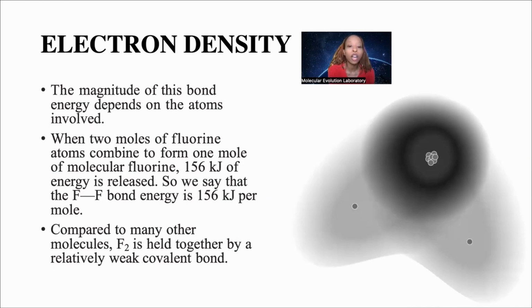When two moles of fluorine atoms combine to form 1 mole of molecular fluorine, 156 kilojoules of energy is released. So we say that the fluorine-fluorine bond energy is 156 kilojoules per mole. Compared to many other molecules, difluorine is held together by a relatively weak covalent bond.